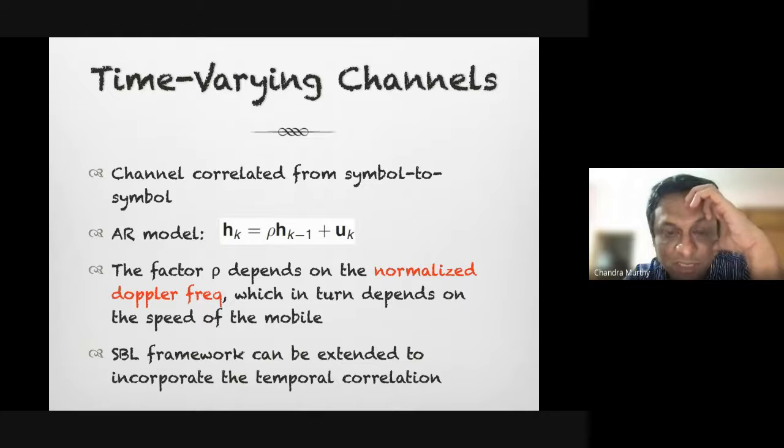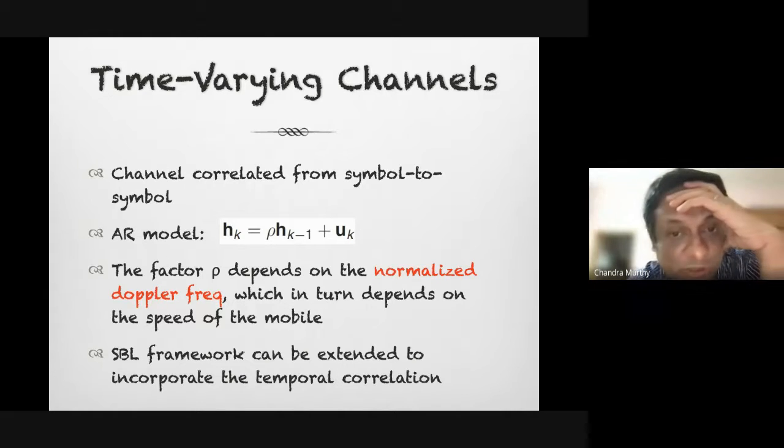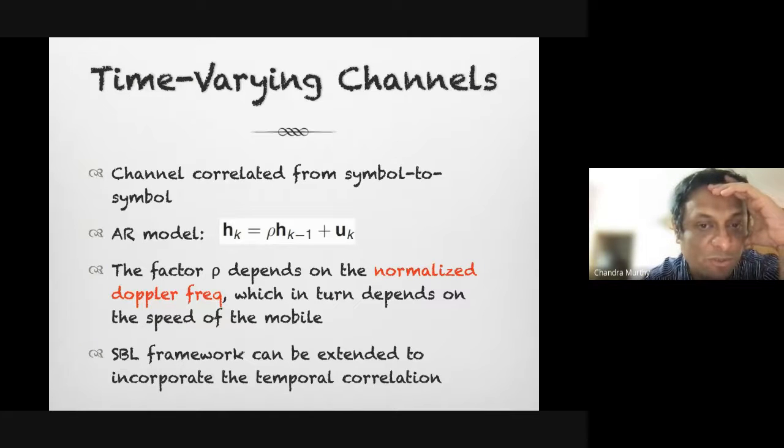In fact, when you see this kind of AR models, the natural approach to consider is to use a Kalman filtering framework to estimate the channels, which basically will allow you to account for all the past symbols, all the past observations to come up with the best possible estimate of the channel at the current time index.